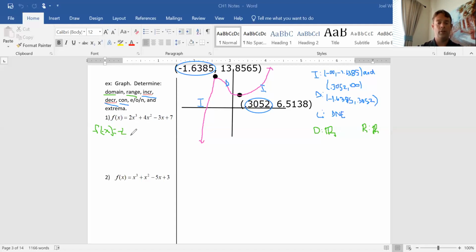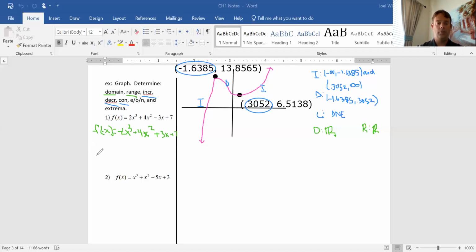So here's what f of negative x is. Odd exponents, the sign changes. Even exponents, they don't. So f of x does not equal f of negative x.